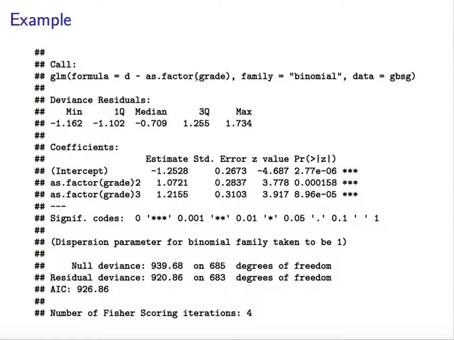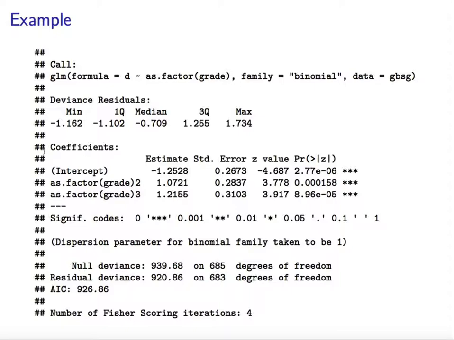D tilde tumor grade. And we use as.factor to treat this as a categorical variable. And the family equals binomial argument tells GLM to do a logistic regression. And we're analyzing the GBSG dataset.